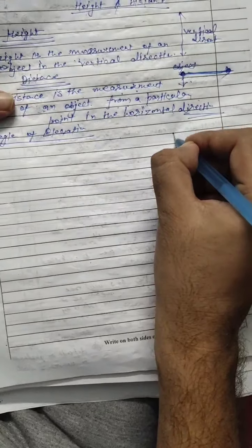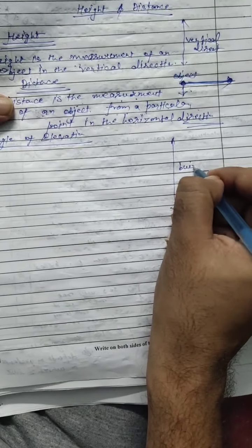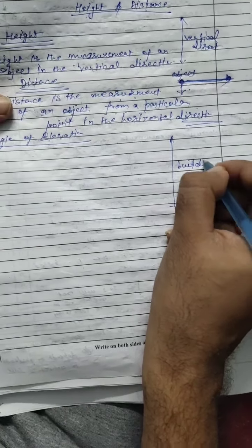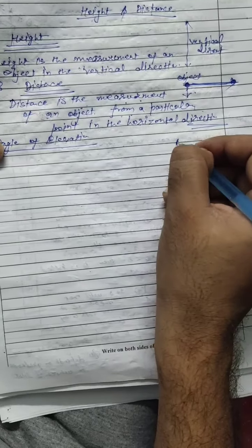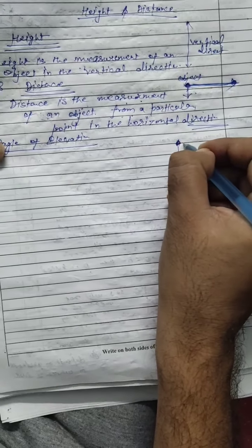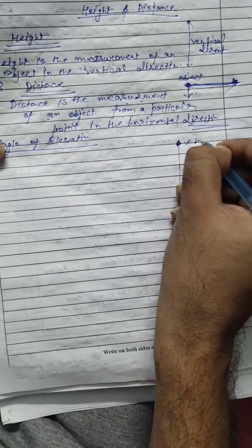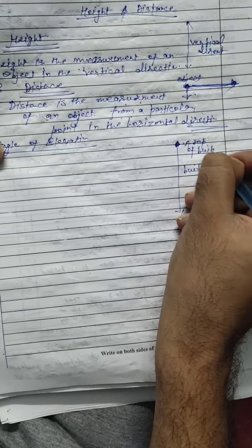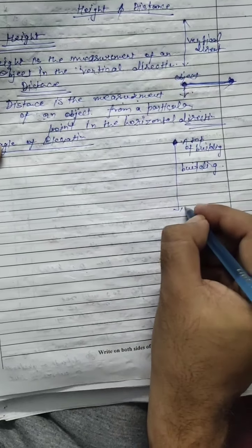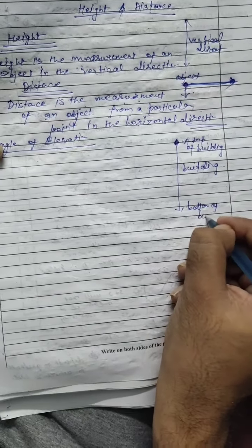Okay, so suppose here we have a building. This is called a building. It's your building. Okay, it's your home. And at this point, you can say the top of the building. Is it clear? It's your top of the building, and this is bottom of building.